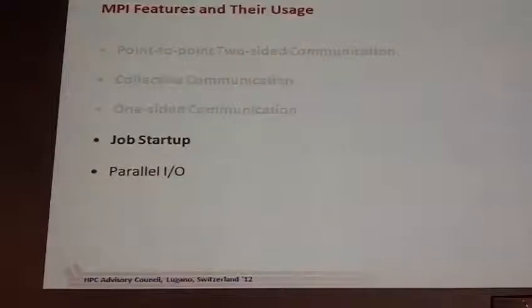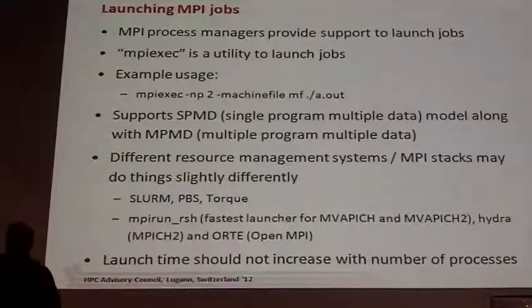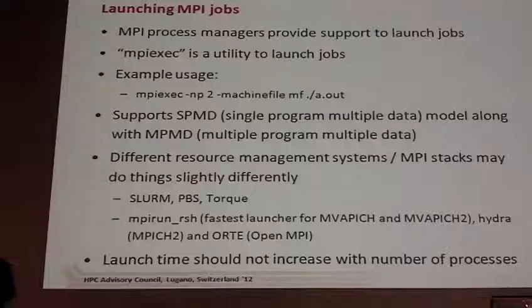Now the other aspect which a lot of people ignore is called job startup. Okay, and of course this is a little bit different, but it is also a part of MPI, because when we are talking about 100,000 cores, when you start the job, many times that becomes itself a bottleneck. In fact, I think 7 years back, when multi-core platforms were coming, the job startup was based on each process.